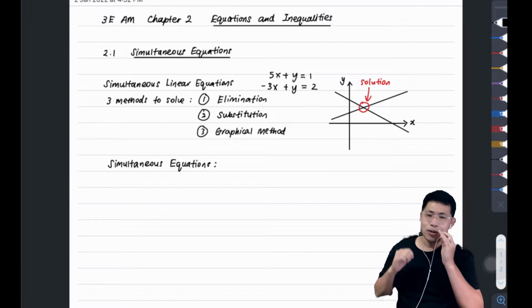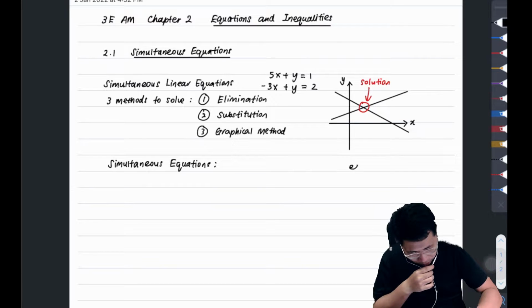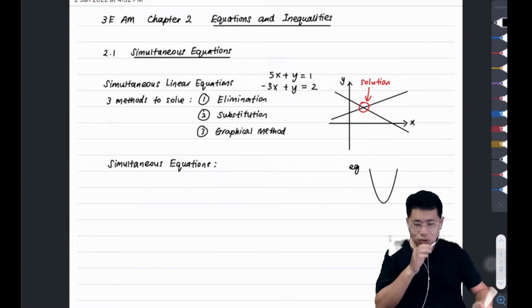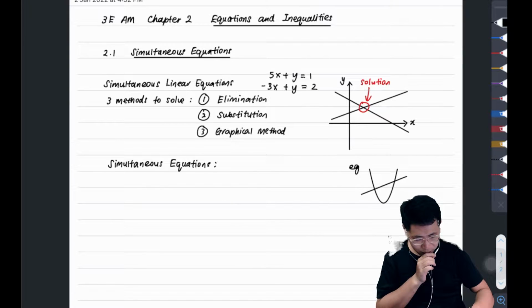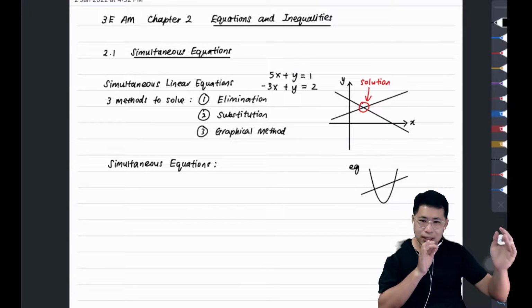Before we jump to those, let us look at 2 examples. One example would be, remember your quadratic graph, something like this. Recently we've drawn quadratic graphs, and let's say I have another straight line passing through this quadratic graph.